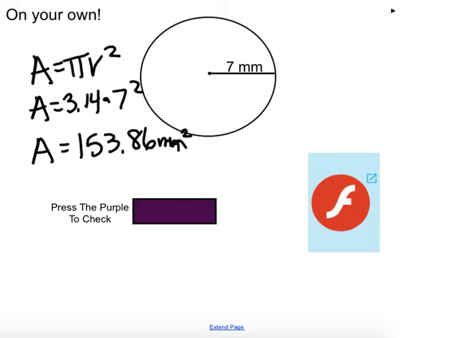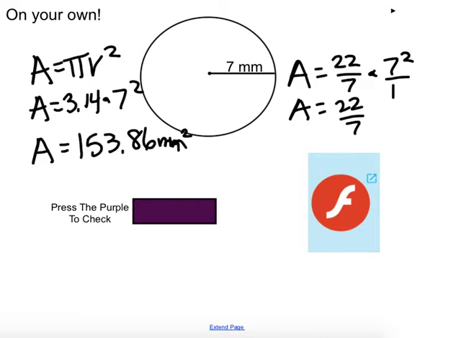Or I can realize, well, 3.14 isn't the only approximation of pi. I could also say that pi is 22 over 7. And I could multiply that by 7 squared. Which means I'm going to have 22 over 7 times 49, which I can simplify, the 7 with the 7 and 49, so that I get an area of 154 millimeters squared.